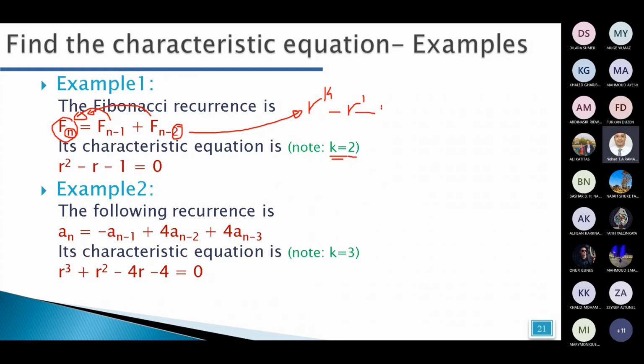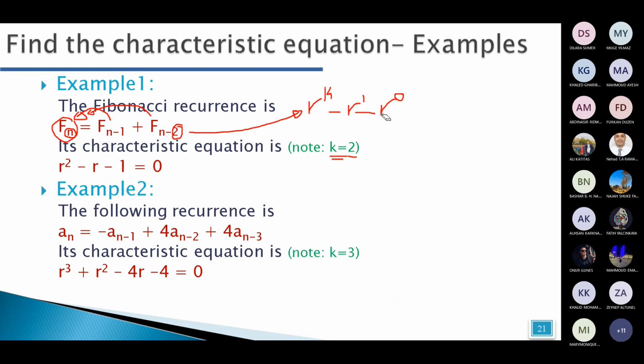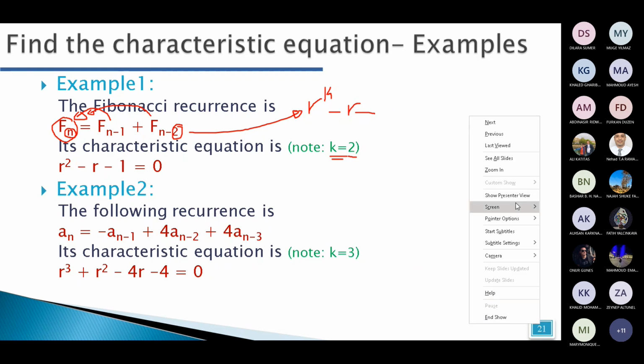Instead of f, we put r. Instead of n, we put k, which is 2. 2 minus 2 becomes r power 0, yes? So r power 0, actually, it's 1. Anything power 0 is 1.